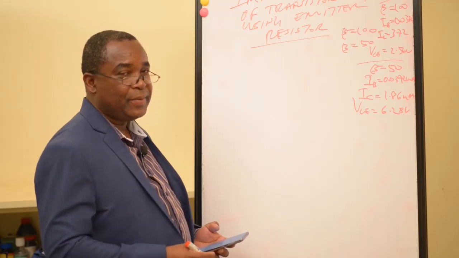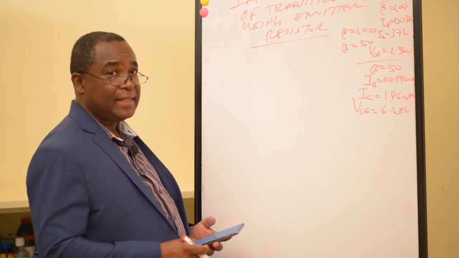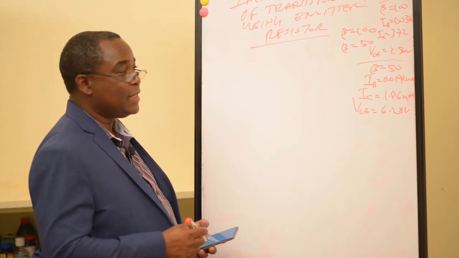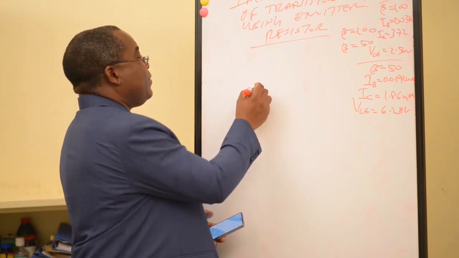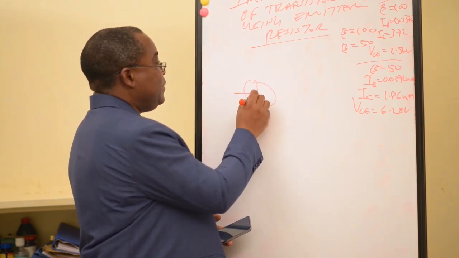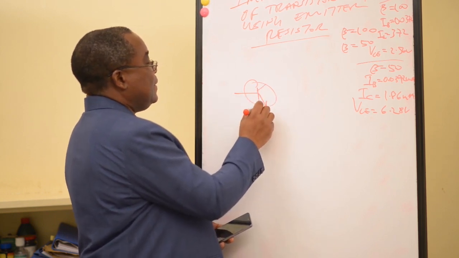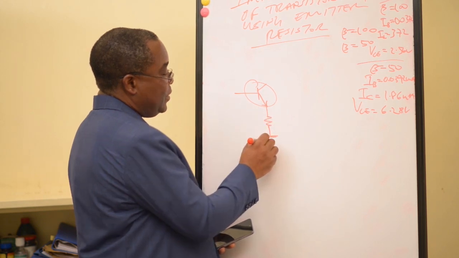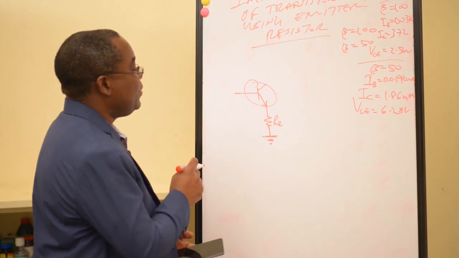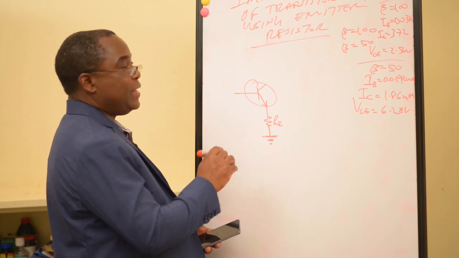So let's continue with the second scenario, whereby our biasing transistor circuit has got an emitter resistor for improving stability. Again, we have our NPN transistor. This NPN transistor, the arrow is outside. Now what we are talking about is this RE, emitter resistor, for improving stability, but we'll have the data which will prove that.